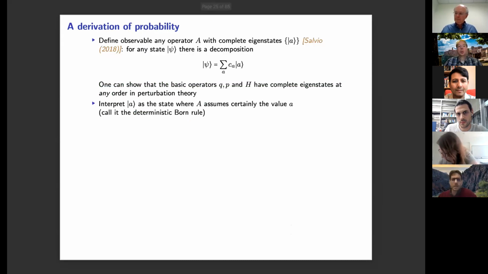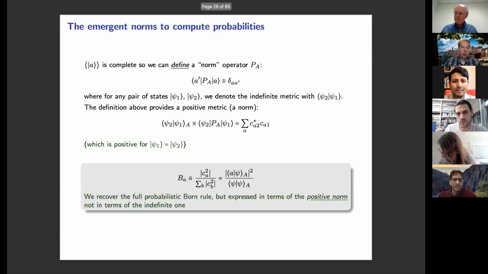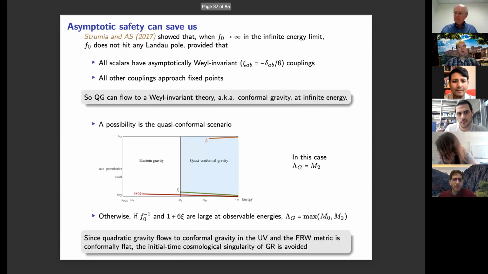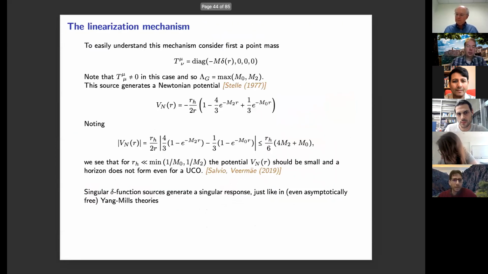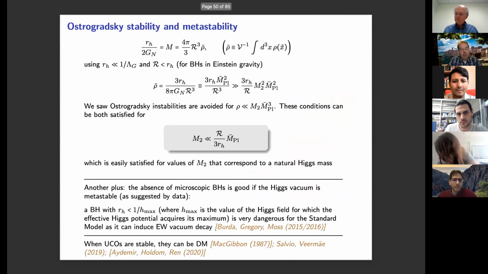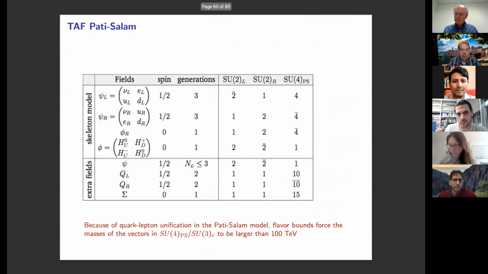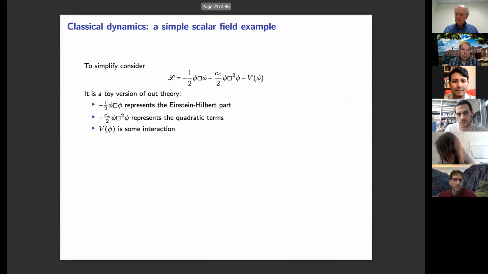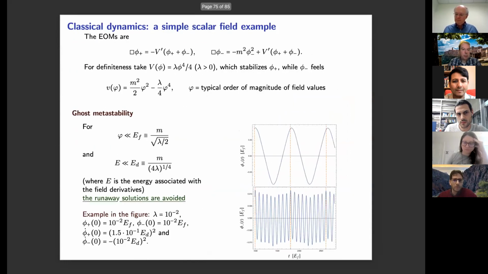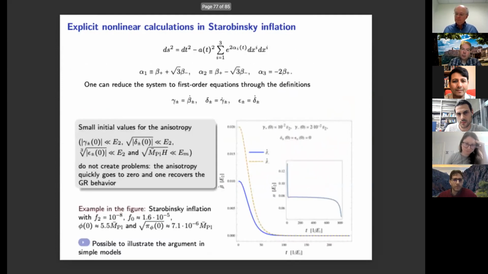So I have some slides about this. I took the example of Starobinsky inflation, and these are some background slides. So you're asking about inflation.